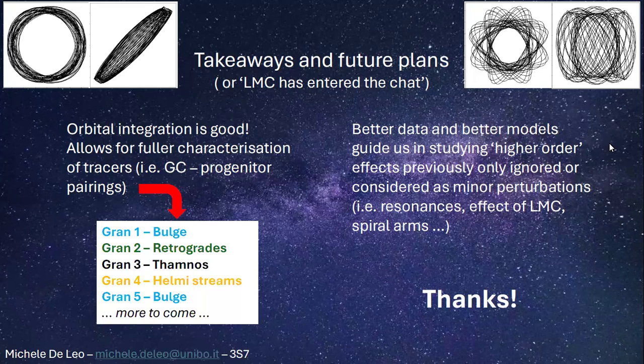At the moment, like everyone in the literature, I'm not including dynamical friction, but you can include it. The problem with dynamical friction, which I might overlook in the case of the LMC, is that it's a non-conservative process. So it destroys the conservation of the integrals of motion that you have.